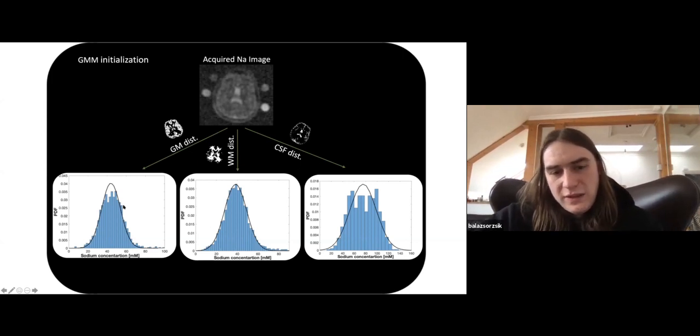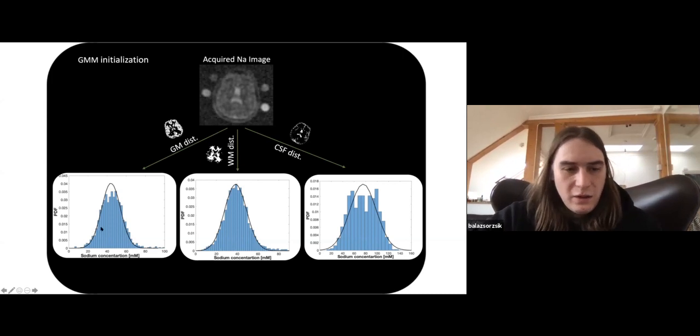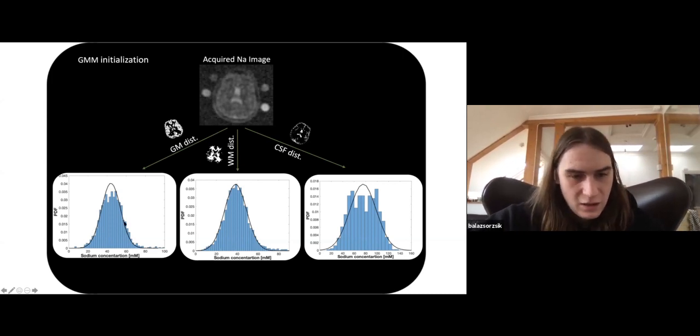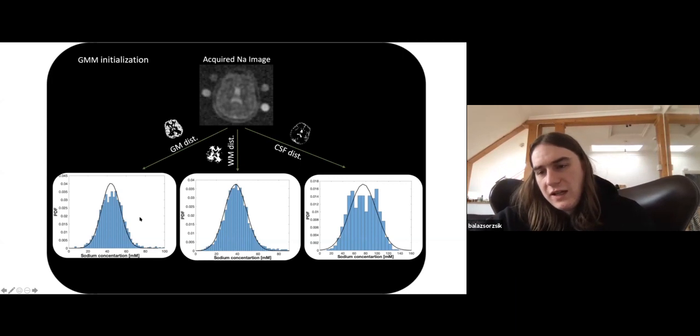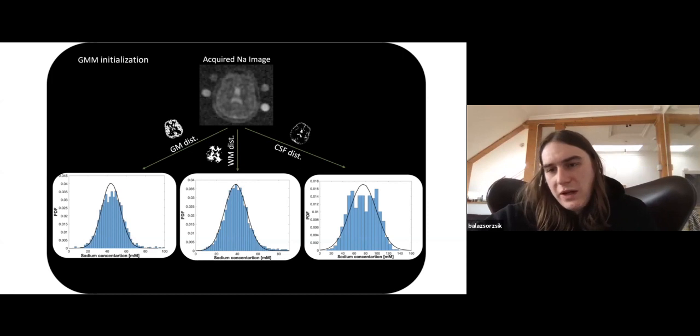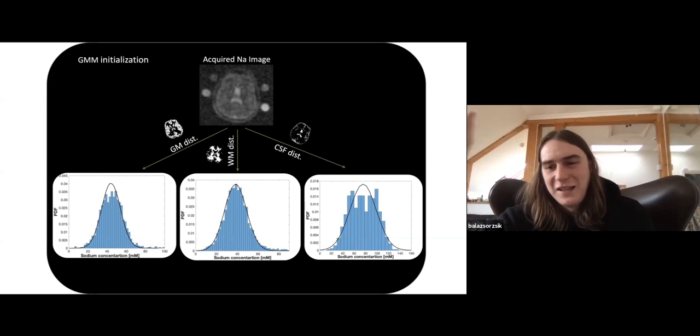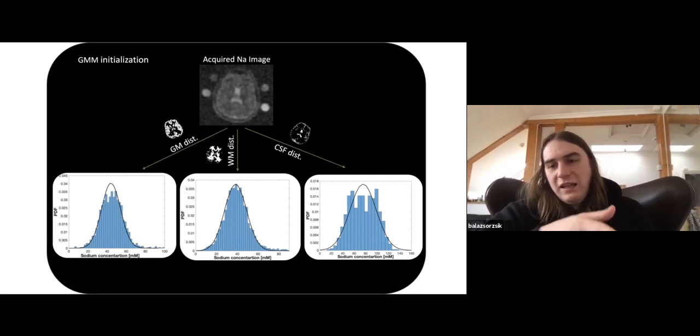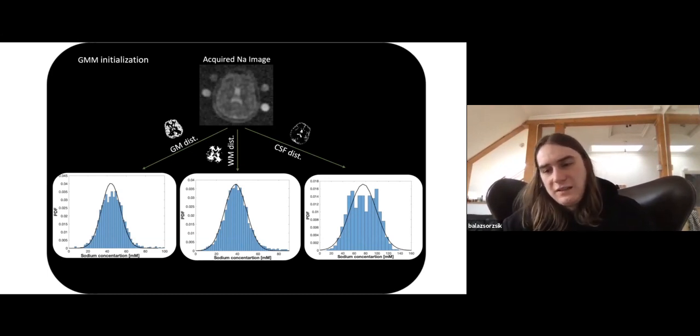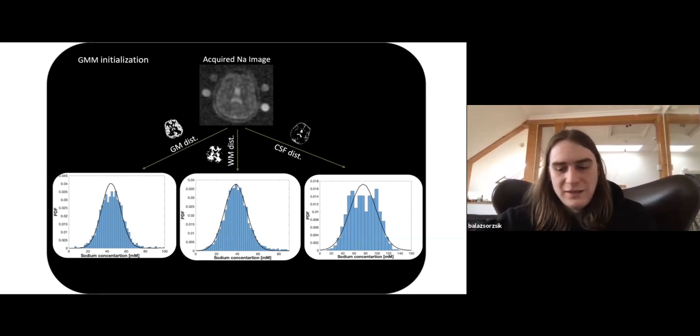We use the mean and the standard deviation to initialize the Gaussian, and also for the mixing probability we use a prior, which is basically the mean of the tissue segmentation probability within that kernel. And then we run the expectation maximization, and it gives us the estimated mean and the estimated volume mixing.